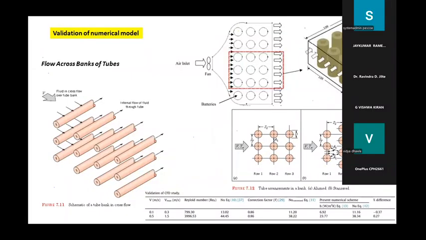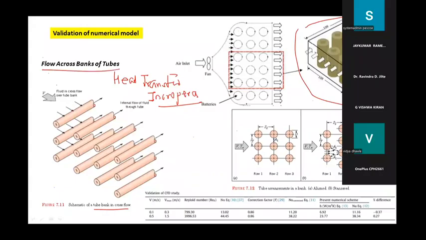If you look at these examples or case studies which are taken, and look at the conventional heat transfer book, if you refer to any of the authored books, for example Incropera, you'll find one topic that talks about flow across the tube bank.